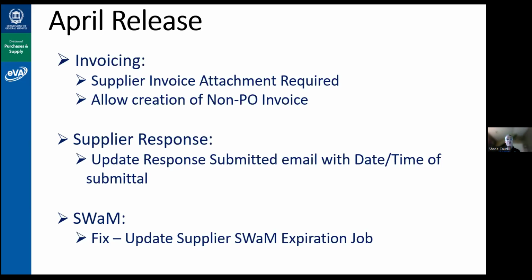And then allowing creation of non-PO invoices. Some of our entities that we've talked to that are working through rolling out invoicing are saying, wow, once we shift to electronic invoicing and we're doing procurement-based invoice approvals and authorization, could we handle non-PO invoices?